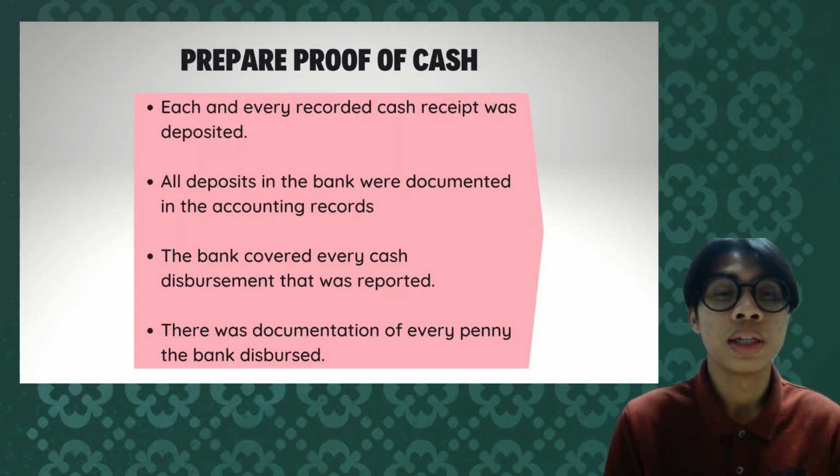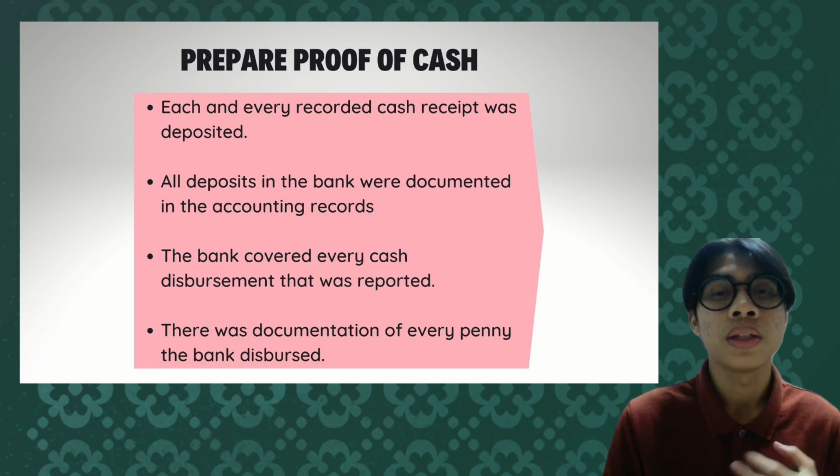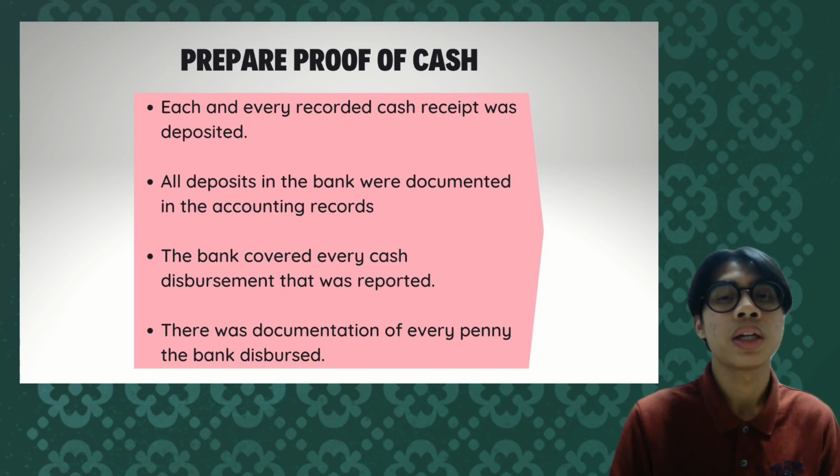So the next slide is prepare proof of cash. When the client has a significant internal control vulnerability in cash, the auditor will occasionally create a proof of cash. The auditor examines a proof of cash to see if the following were carried out.